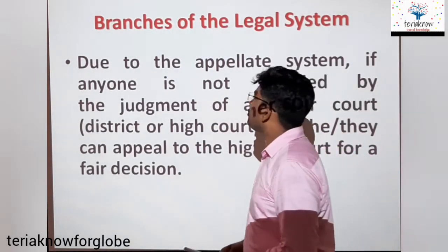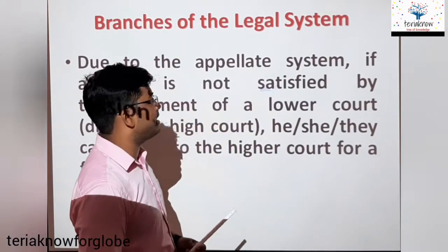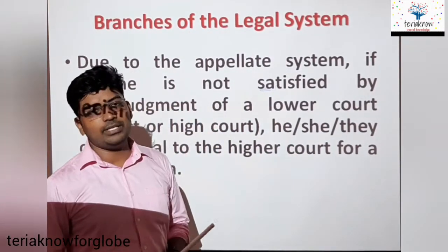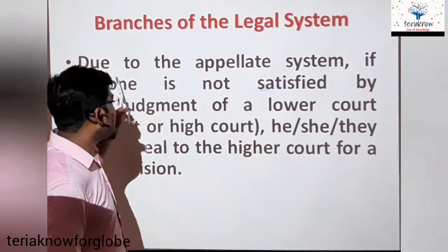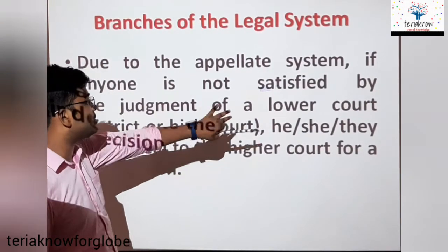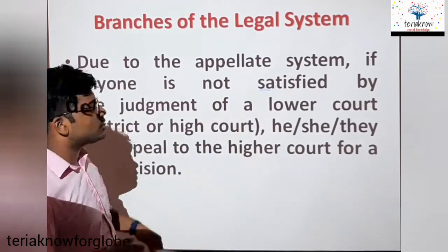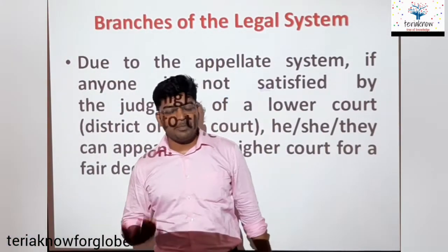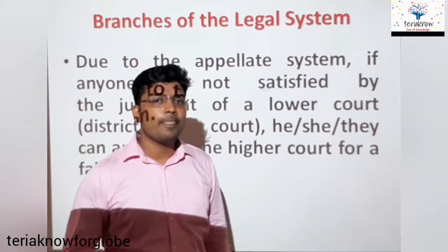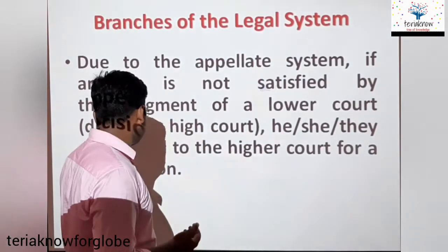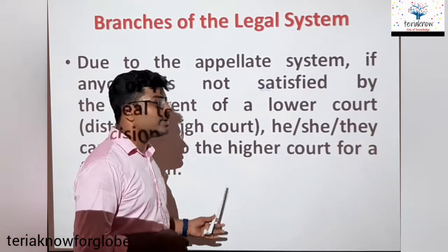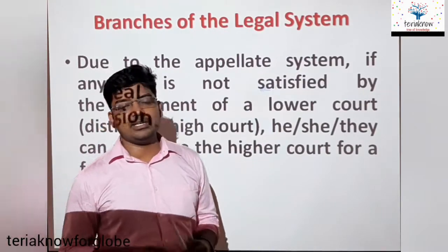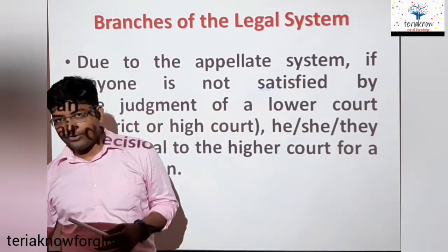Okay, जो ब्रांच है किसके, लीगल सिस्टम के, it is available to all, ये सबके लिए है। Understood? And due to that appellate system, if anyone is not satisfied with the decision of the lower courts, they can approach the higher courts for the fair justice or fair decision. Okay, so it is available there for every citizen of the country.